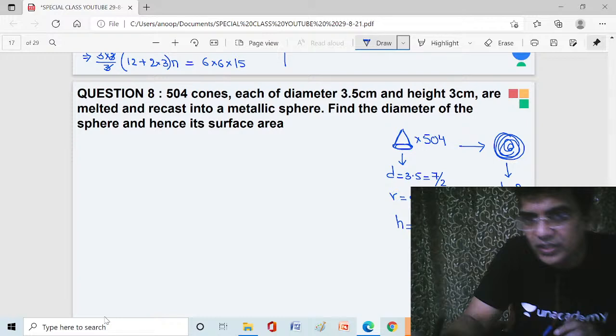So let's equate them now. So volume of a sphere is equated with volume of 504 cones.